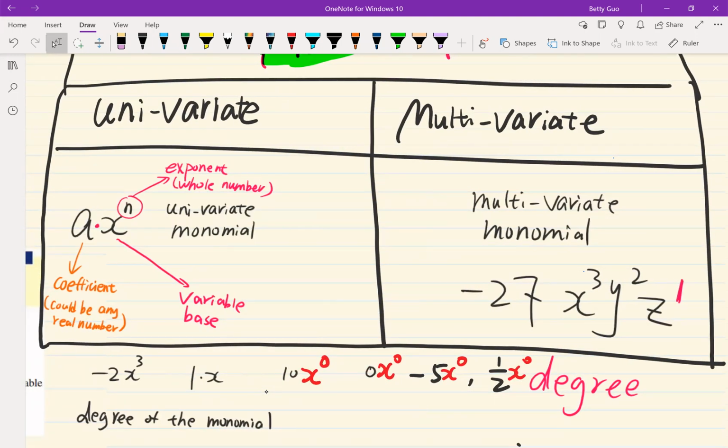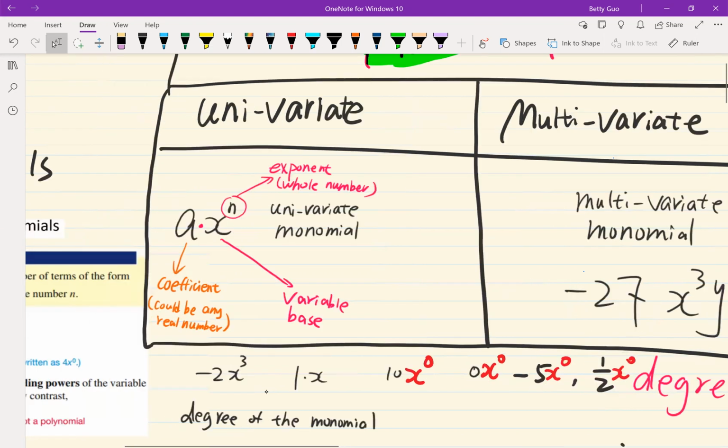As I wrote here, coefficient, power 1, it could be any real number. So it could be negative. Did I answer your question? Yeah, you just keep it. The coefficient negative 27 is a constant. You can't really do anything with it. All right.